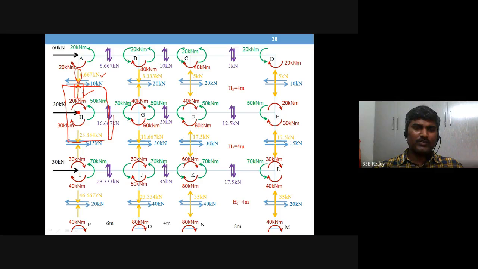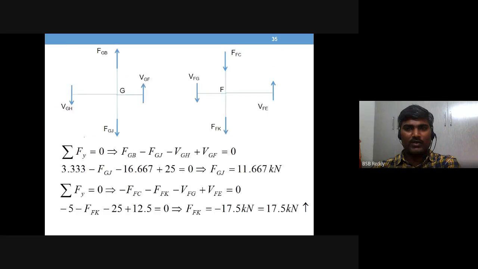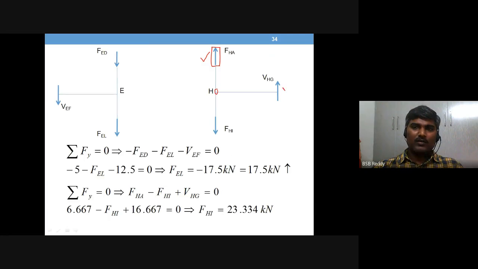So an upward arrow to the right, above joint H, and below that is the value you are going to solve. You don't know this value and its nature. So when you take joint H, see here, right-hand side upward arrow above the joint, and this you are going to solve, HI, and that is 23.34.